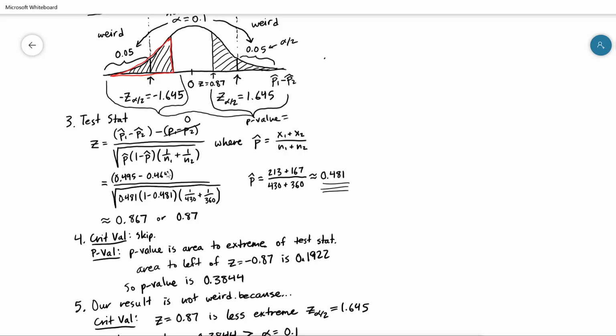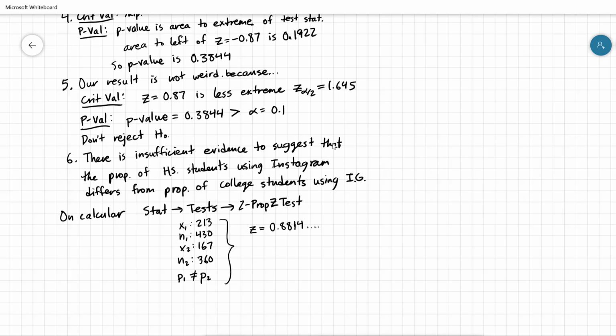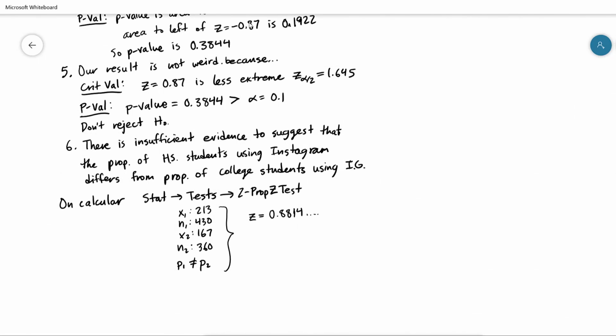That number is rounded. That number is rounded. That number is rounded. I used rounded versions in our formula for the test statistic, whereas the calculator used all the decimals. So it got a more accurate answer. Still close, right? We got 0.87, they got 0.88. But theirs is more accurate because they didn't round any of those decimals.